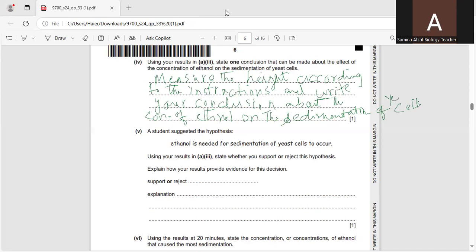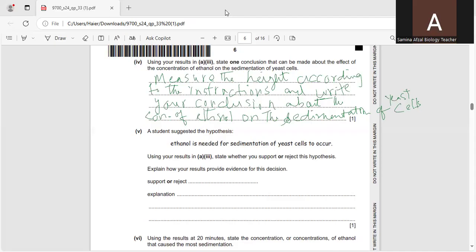It means you will observe which concentration has more effect on the formation of sedimentation. That is, whether it is highest at 100 or 90 or 80 or 70 or 60. You will observe that, then you will write it down over here.